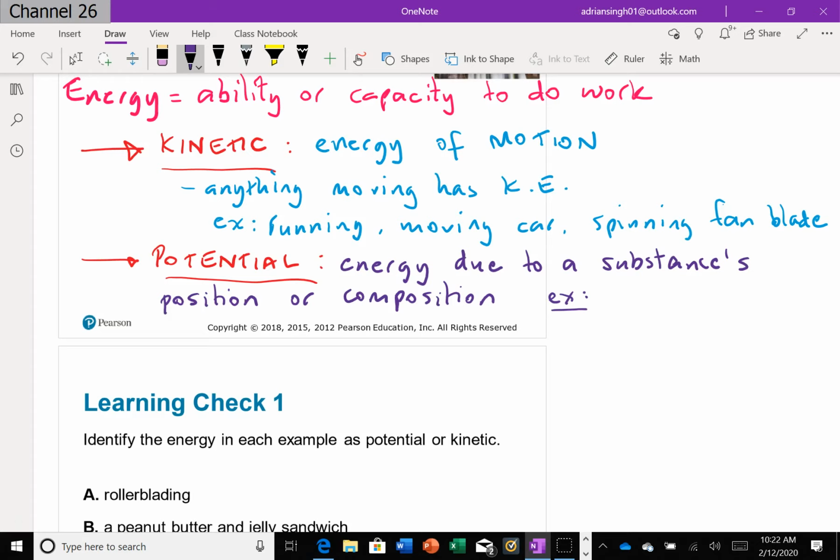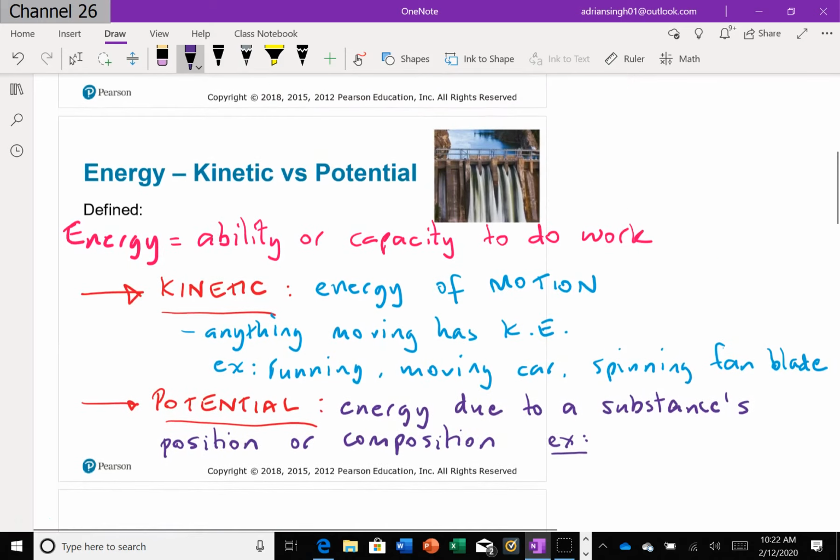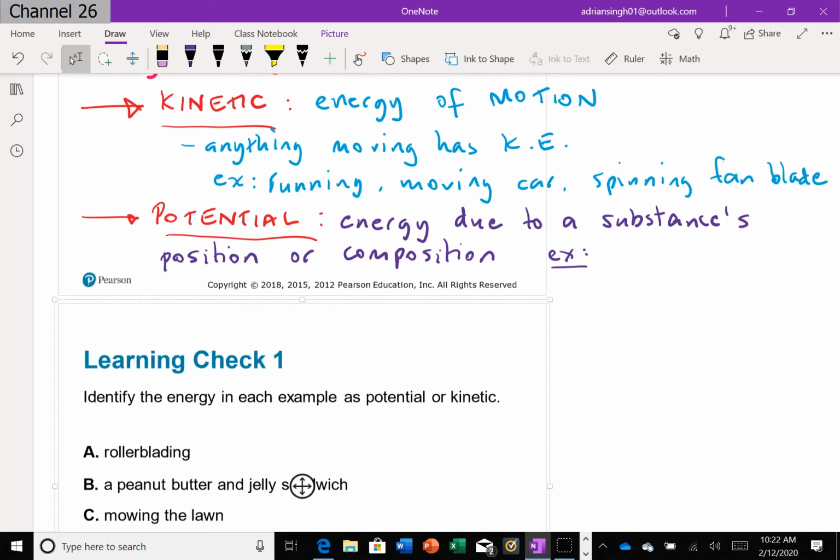All right, so potential energy here would be, an example of that would be, if I hold a pen up in the air, or if you go back to our little diagram here, or picture, water that's held behind a dam. So based on where the water is, it has the potential to generate energy.